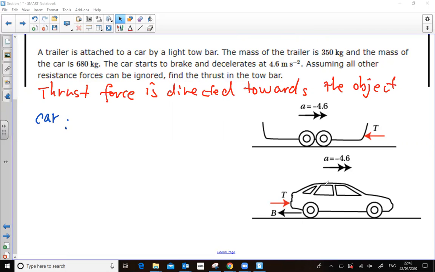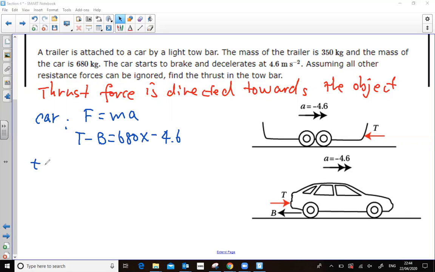Because the car is moving to the right-hand side, the thrust will have the positive sign and the braking force will be negative. So let's use F equals ma, and we'll get T minus B equals m, which is 680 times a, which is negative 4.6.